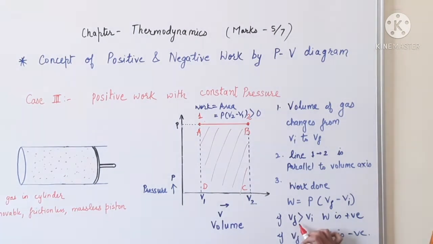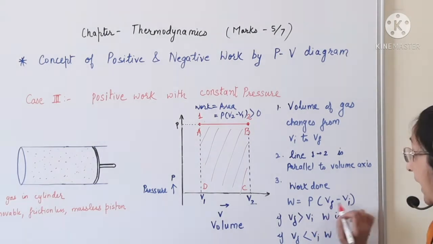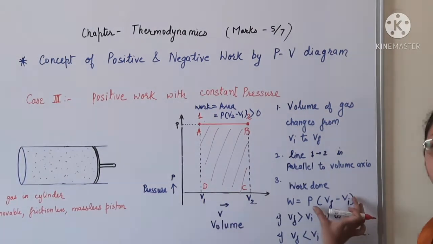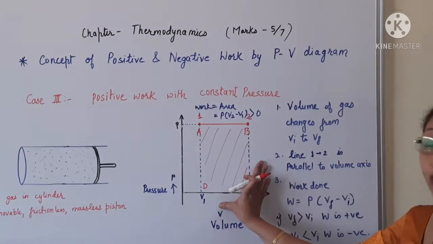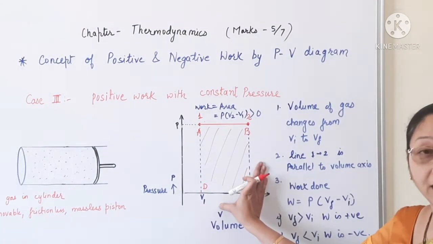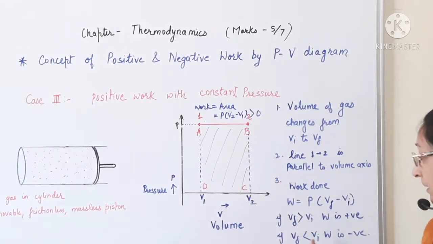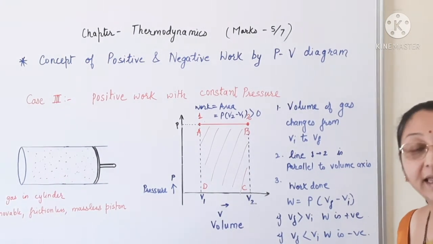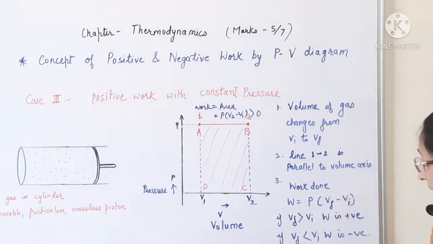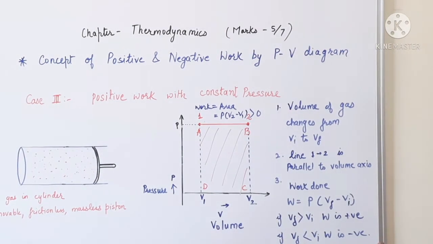If Vf is greater than Vi, the final volume is greater than the initial volume, then the work done will be positive. But if Vf is less than the initial volume, as shown in this PV diagram, then the work done will be negative.